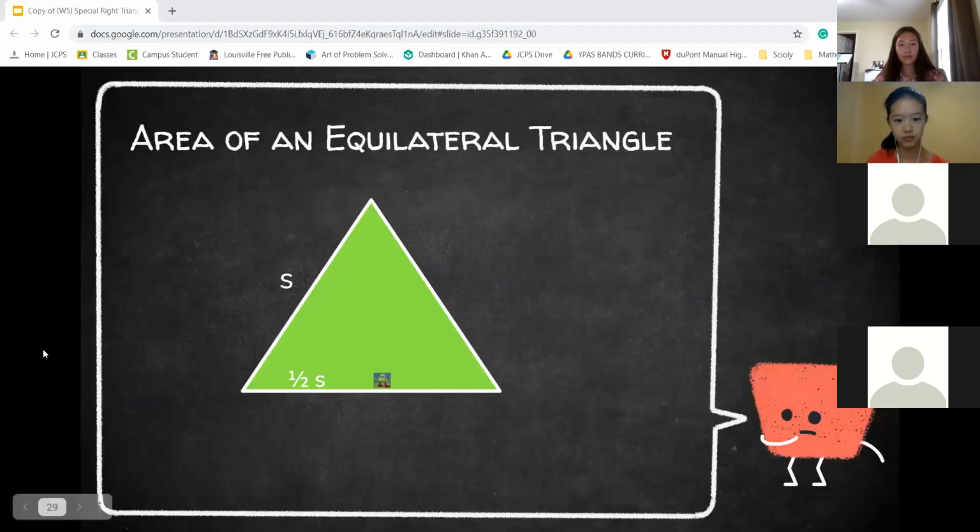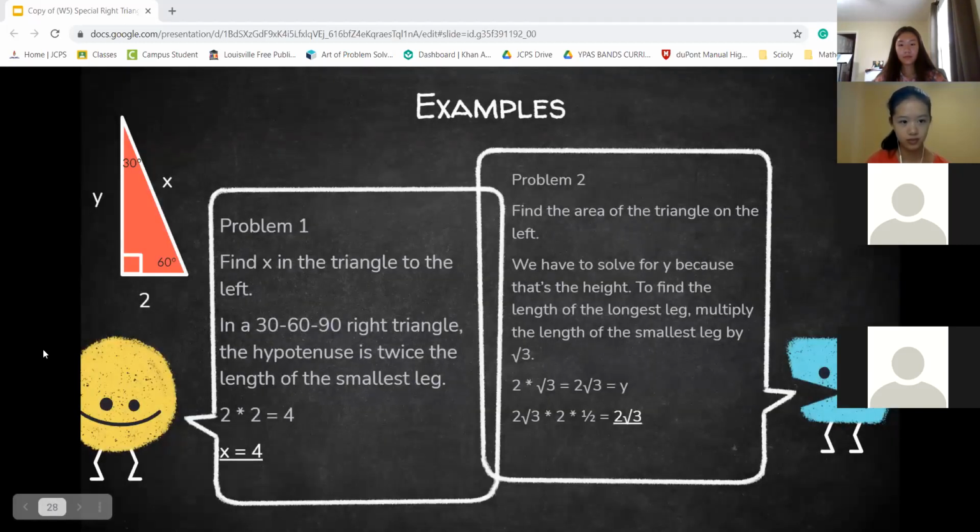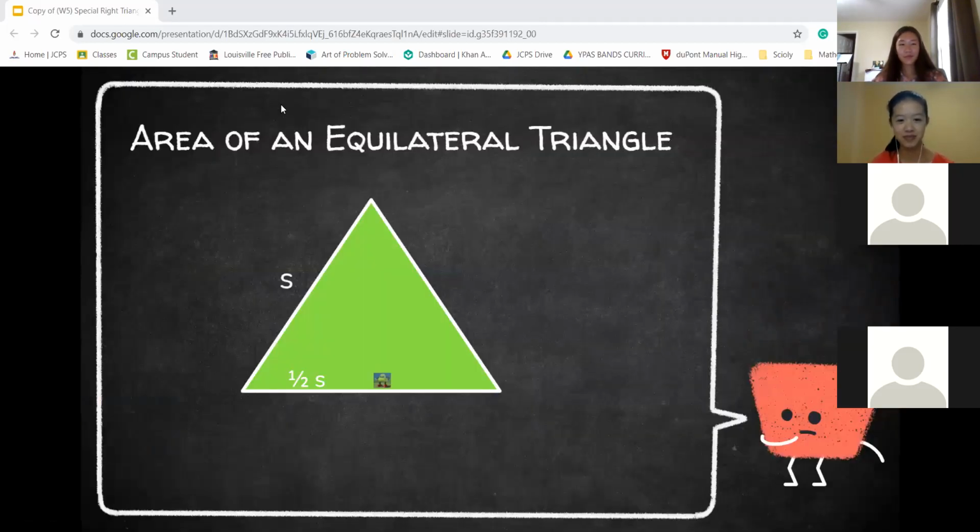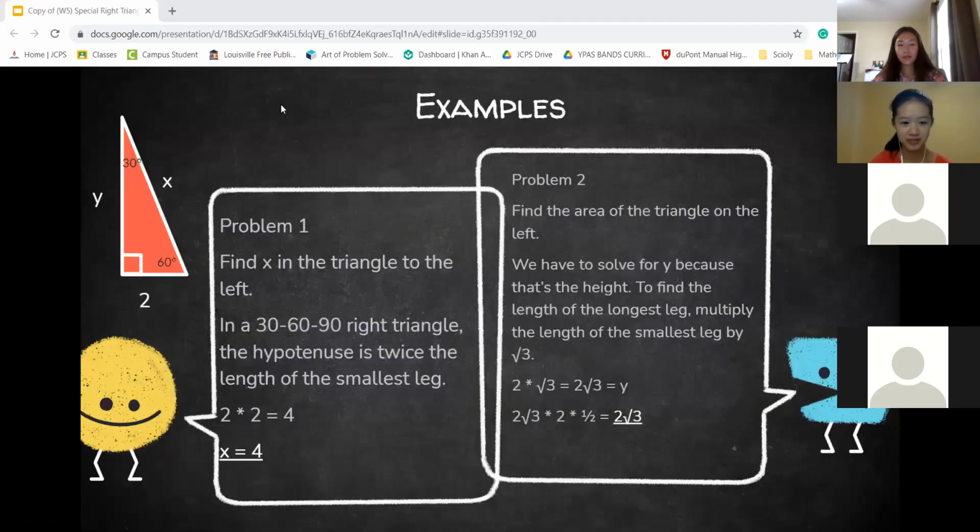I thought the problem said to find y. Either way works. Well, yeah, you need to find y to find the area. I know, but I thought it was just supposed to be y, but I got lucky and the bottom one was 2. Yeah, they're the same. But how does that work? Where the length of one thing would be the area of the entire thing?